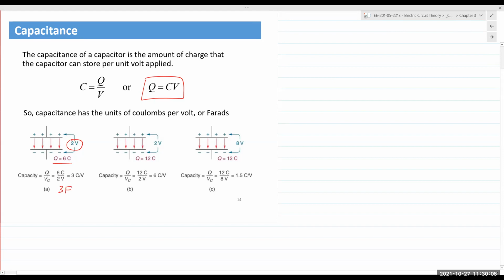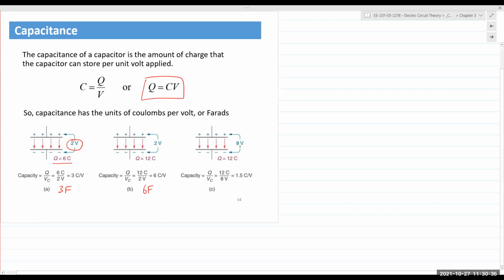In the second example, same applied voltage of 2 volts, but now my stored charge is 12 coulombs. Then I need a capacitance that is twice as much, 6 farads. And if I want to decrease the amount of capacitance that is required, I can increase the amount of voltage.